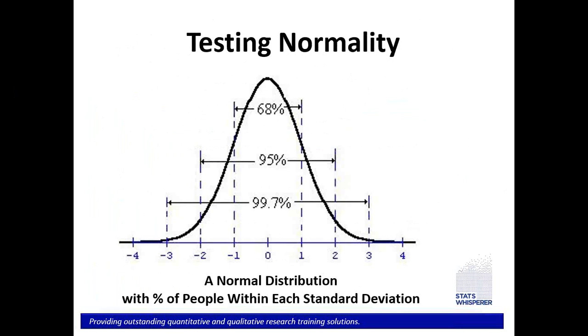In this distribution, the higher that semicircle gets, the more people are under it. So the very tip in the middle is where most of the people are, and the 0 is the mean score. You would expect most people to have a score right in the middle, about 3.0. If that was the mean score, that 0 would be 3.0, and that's where most of the scores would center.